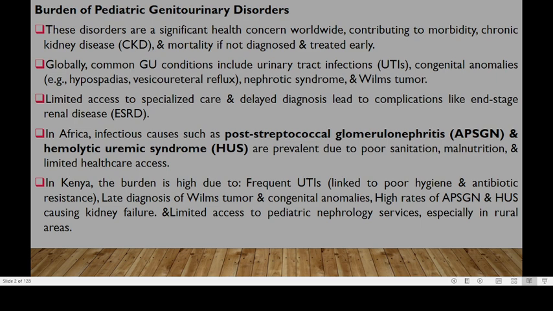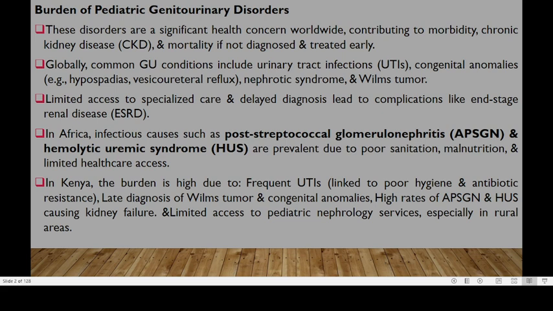In Africa, infectious causes such as post-streptococcal glomerulonephritis and hemolytic uremic syndrome are very prevalent due to poor sanitation, malnutrition, and limited health care access. In Kenya, to be particular, the burden is high due to frequent UTIs that are linked to poor hygiene and antibiotic resistance.